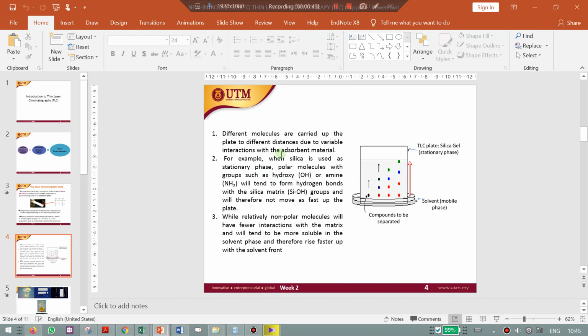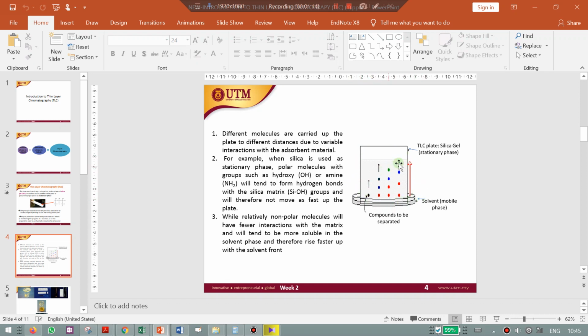For example, when silica is used as stationary phase, polar molecules with groups such as hydroxy or amine will tend to form hydrogen bonds with the silica matrix, the silicon hydroxy group, and will therefore not move as fast up the plate. For example, you have polar and non-polar compounds in the analysis.